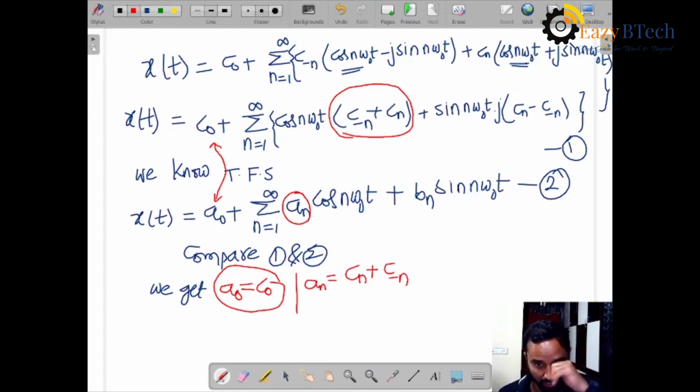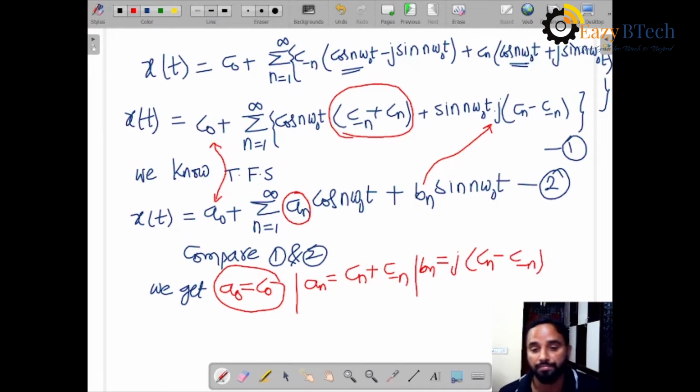And another relation: with sin n omega naught t we have Bn, so Bn will become j times Cn minus C minus n. This is the relation between the trigonometric Fourier series and the exponential Fourier series.